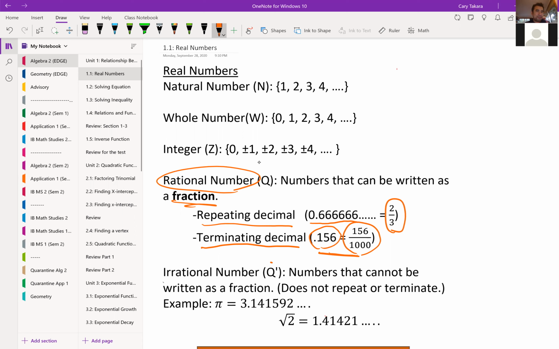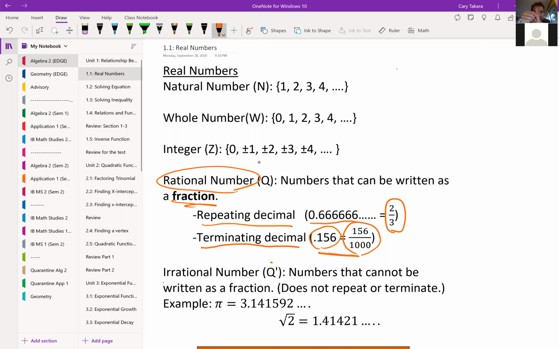So next week, I'm going to ask you this until you get sick of it. I will ask you, hey, what is a rational number? I'm going to say three things. Rational numbers are fractions for most, and then there are two special cases.